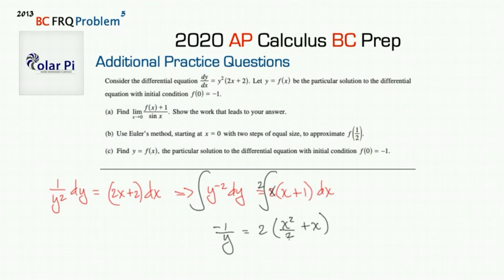Maybe it was too scenic a path for me to have factored out that 2. Should have just kept it right where it was. Anyway, we see that negative 1 over y is going to be equal to, well, we can cancel these 2, so that's x squared plus 2x plus c.